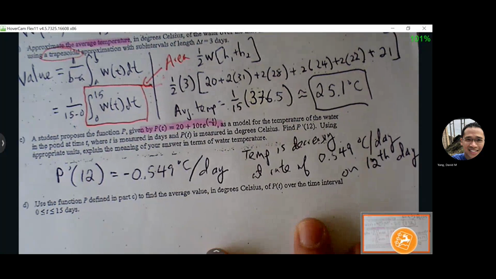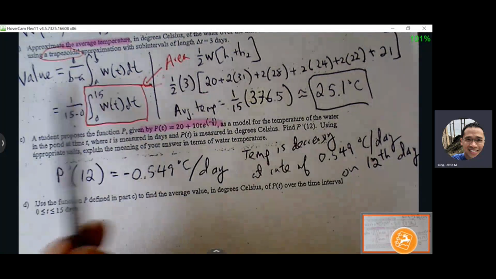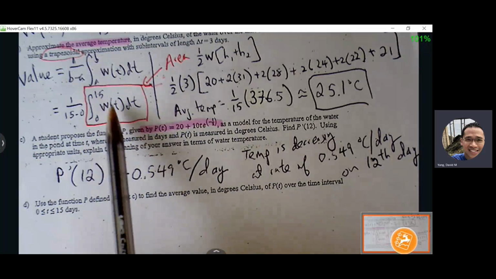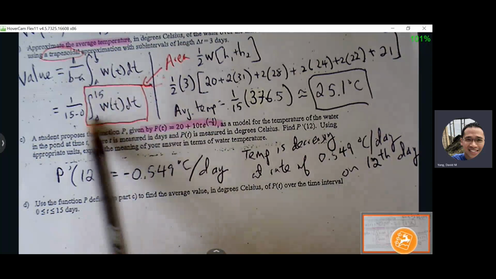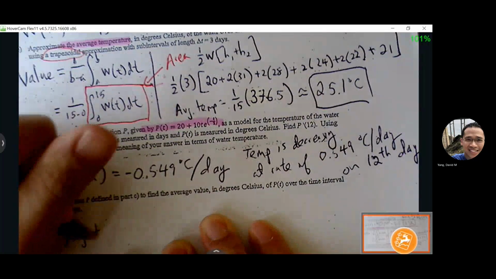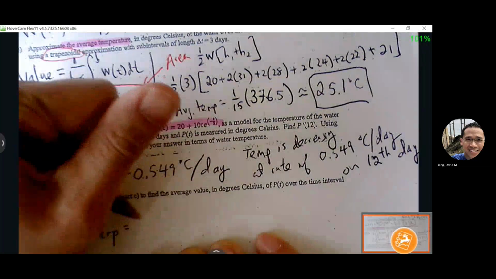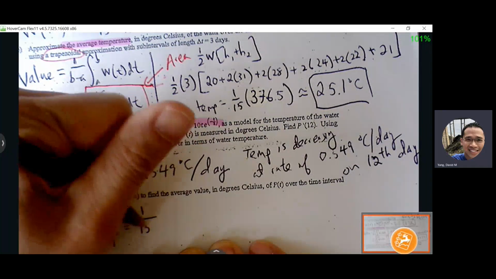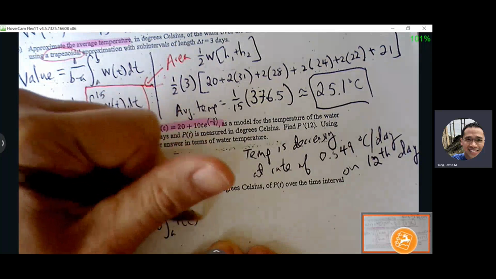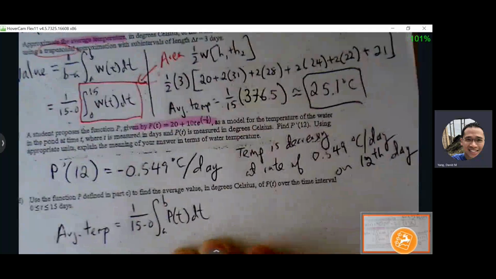Part D is the same formula as part B, but instead of using trapezoids, we have a function, P of T, that we can insert and make the calculator do all the work for us. So 1 over b minus a, integral from a to b of P of T dt, and my a and b are just 0 and 15.